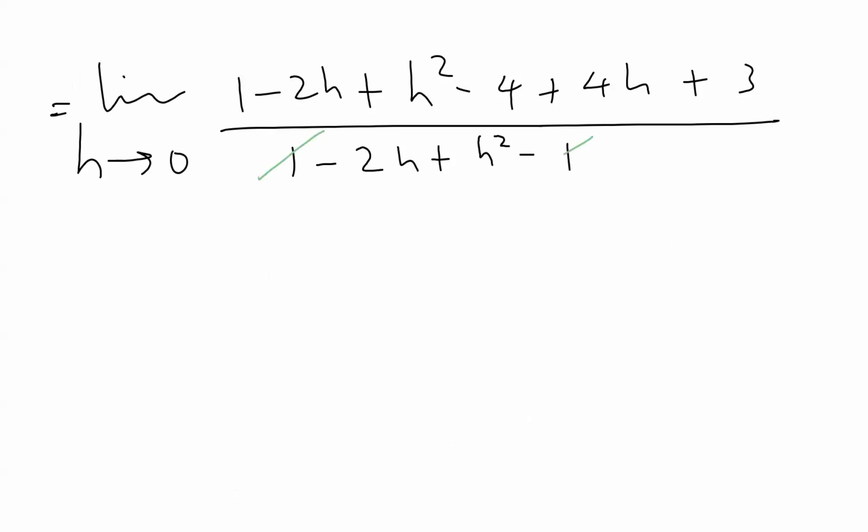So 1 and 3 is 4, and 4 and this minus 4 is gone.